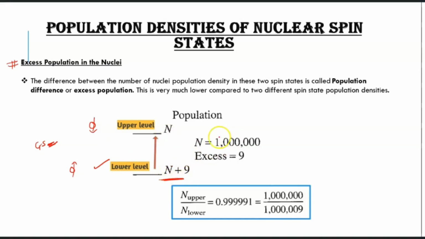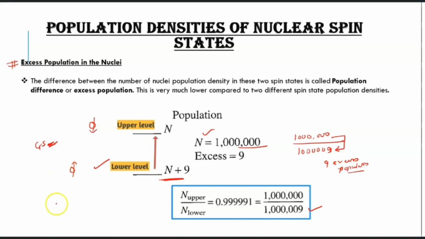Let's say the value of n is 1,000,000, and this lower state is going to have 1,000,009, and the excited state has 1,000,000. So compared to the lower spin state, the nuclei here have 9 excess population in the case of protons, that is H1, right? This is what we are going to see.